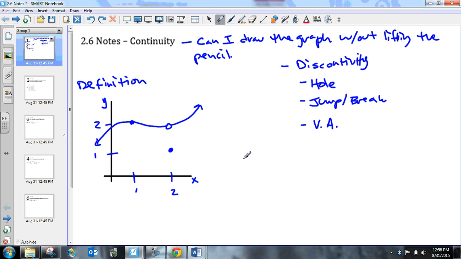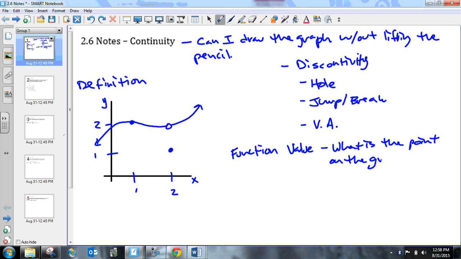Here's the question I want to ask: what's my function value? When I say that, I'm asking for what is the point on the graph. My function value f of 1 is equal to 2.